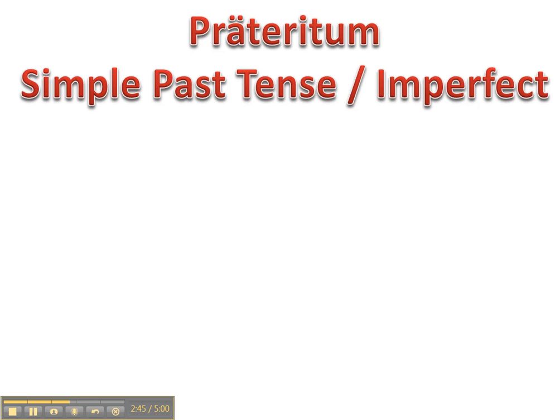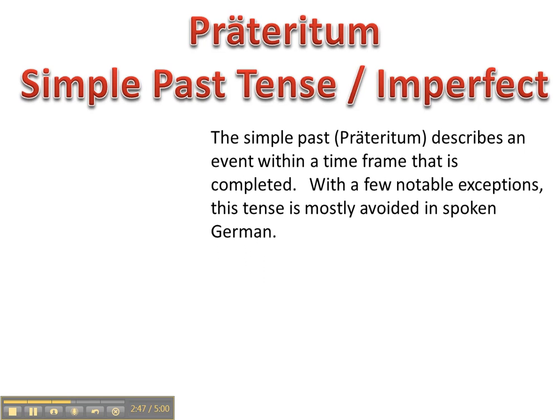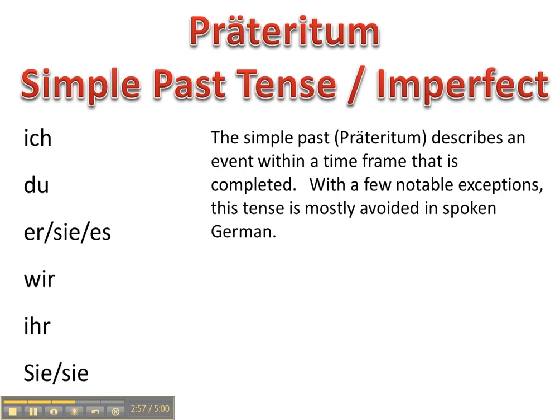Okay, so the Präteritum, or the simple past or imperfect, describes an event within a time frame that has been completed. With a few notable exceptions, this tense is mostly avoided in spoken German. In English, we use this tense much more. In spoken language in German, they prefer the present perfect, which we'll get to. So the endings here, again, follow a pattern, as is true of all weak verbs.